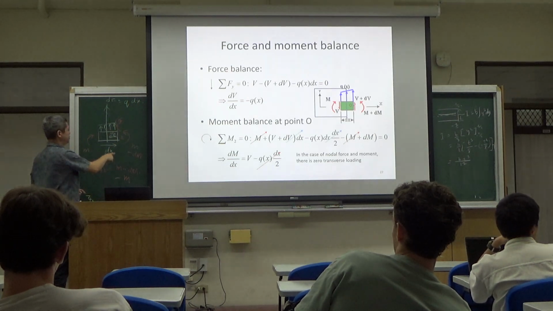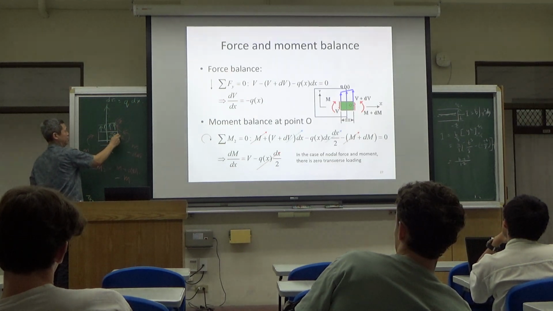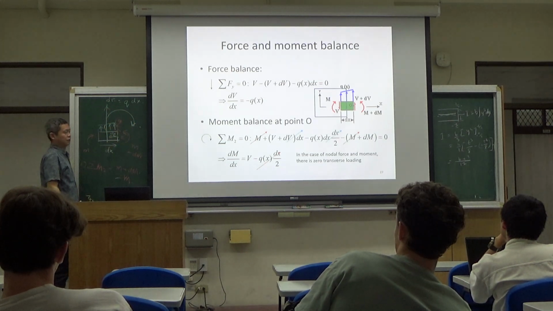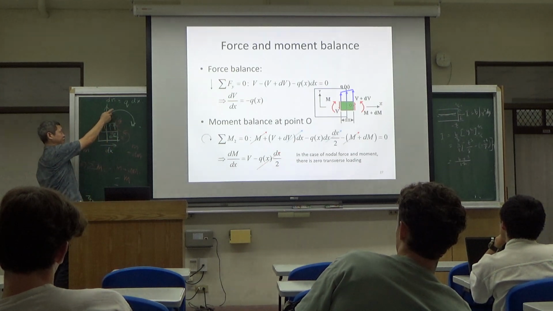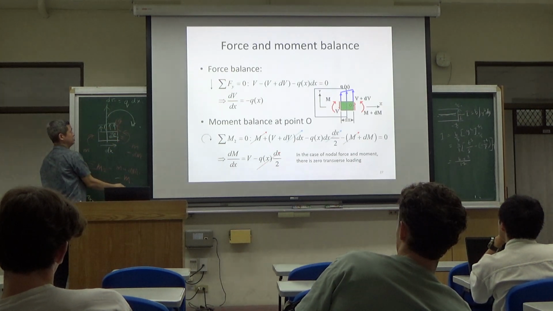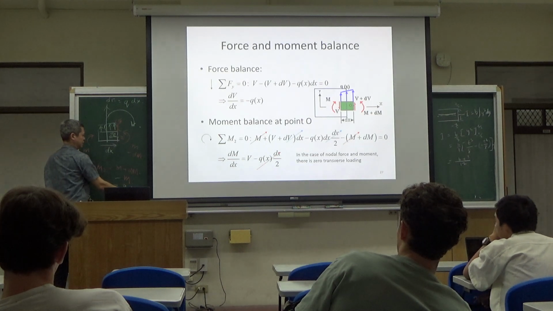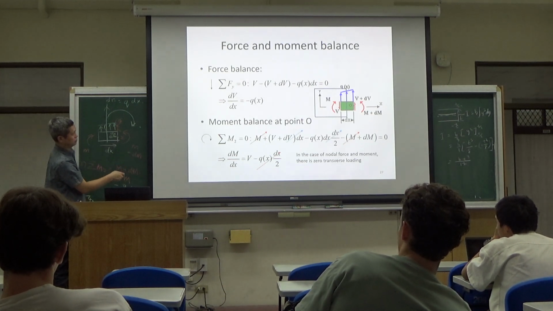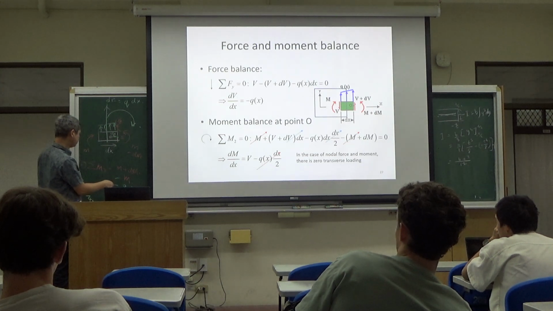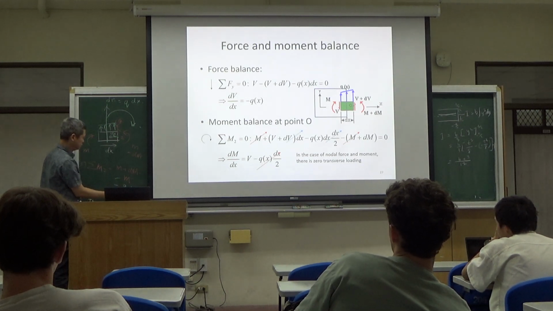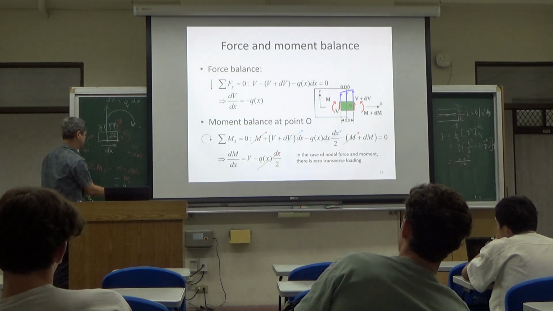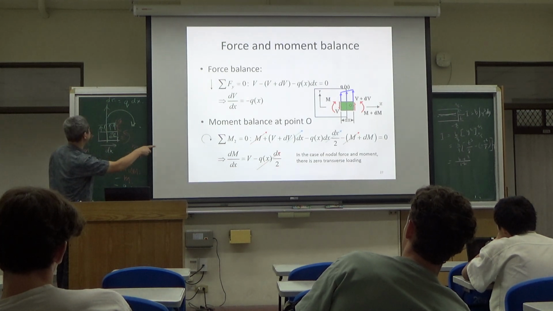Since you're standing at n2, this one is clockwise. So the amount of the moment due to this is q dx times dx over 2. Yeah, this one.